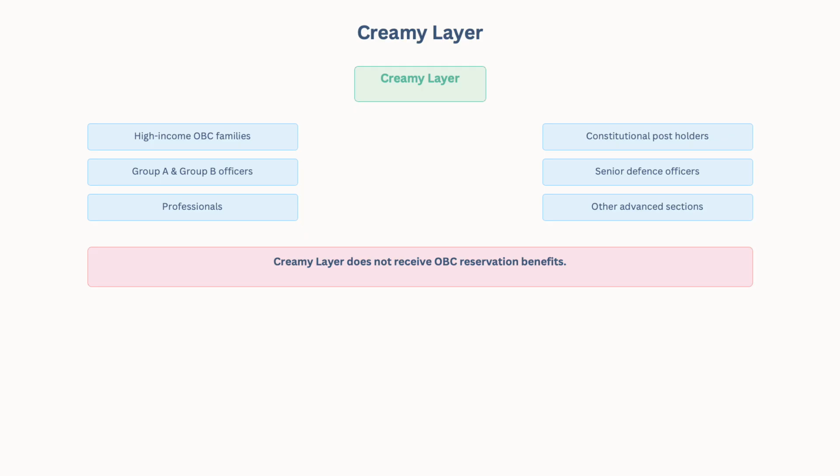Under the creamy layer, there are different categories: high income OBC families, constitutional post holders, any government post, senior defense officers, Group A and B officers, professionals like doctors, engineers, and other advanced sections. These come under the category of creamy layer, and these people do not receive OBC reservation benefits. There are arguments even today to apply the same creamy layer to SC as well as ST.